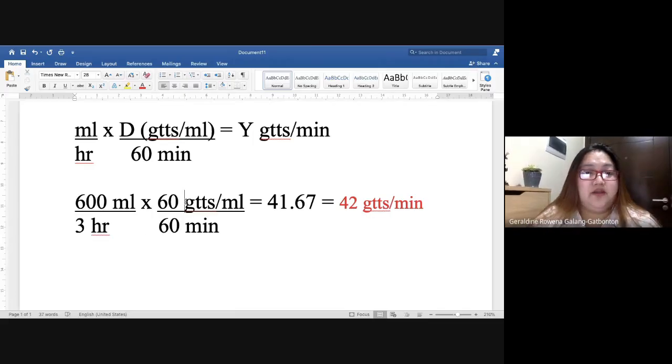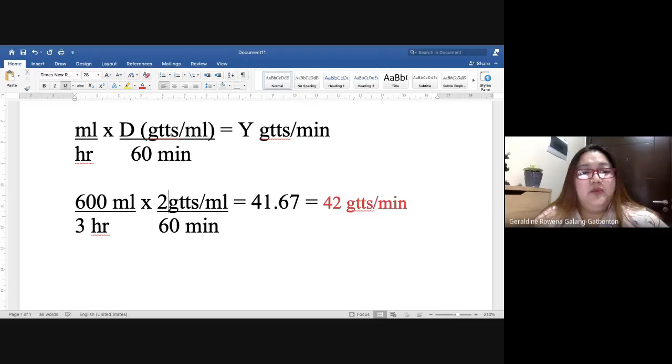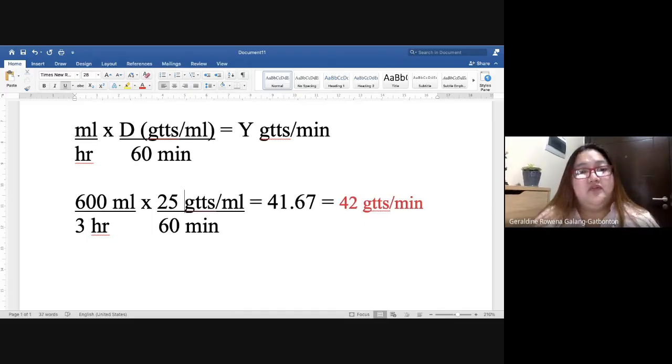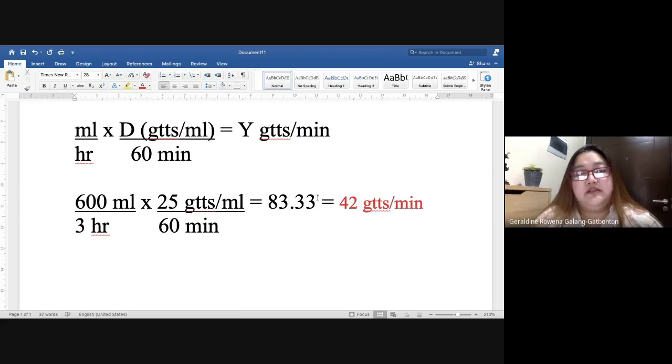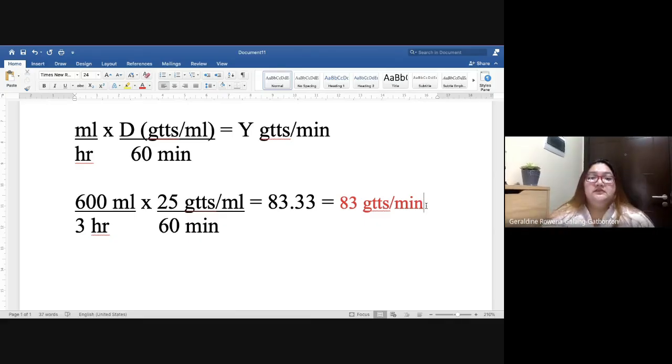Ano yung drop factor na sinabi? 25. Over 60 minutes. So, ang magiging sagot mo naman doon ay 83.33. There is no 0.33 drop. So, just a round off, it's 83 drops per minute. Okay?